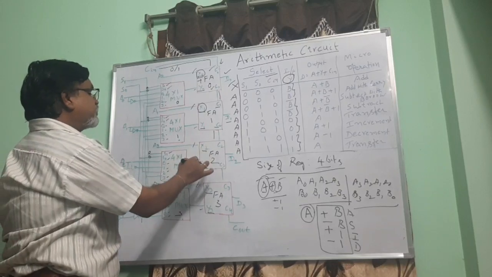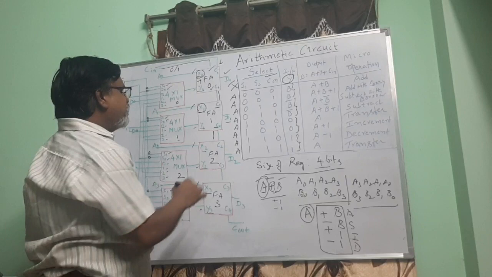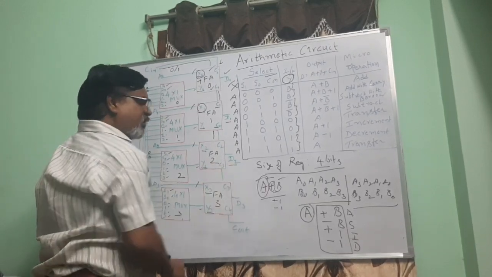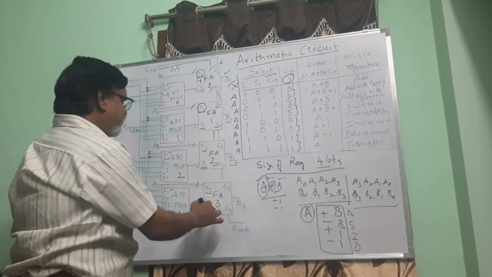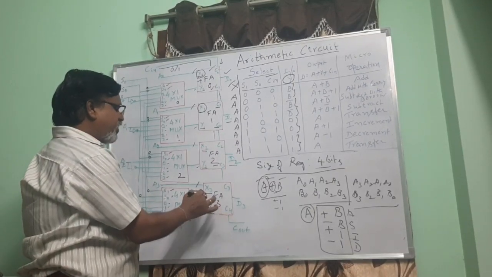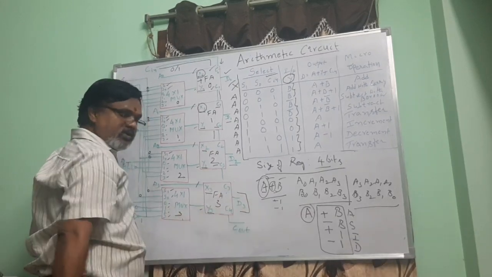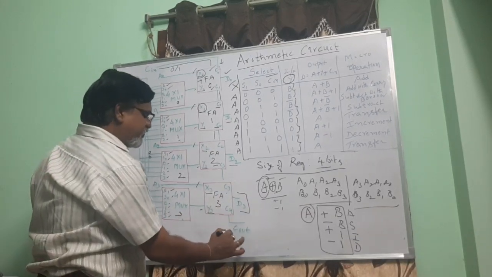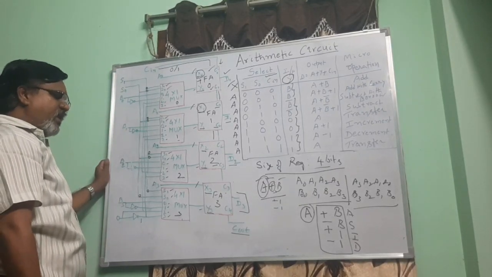x2 plus y2 plus c2 get added, and D2 is the sum and C3 is the carry. And when you come to the last full adder, x3 plus y3 plus c3 gives D3, and C4 is the final carry.